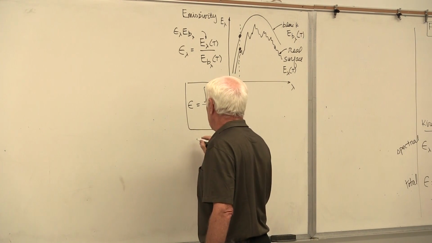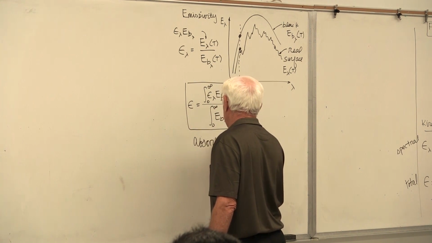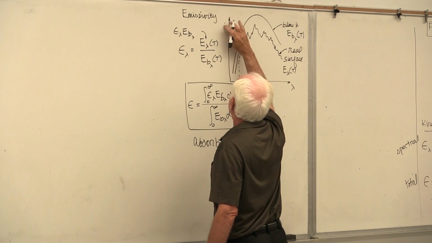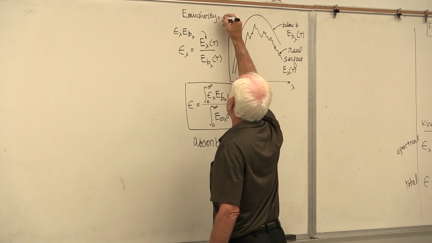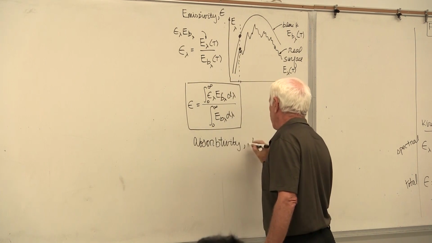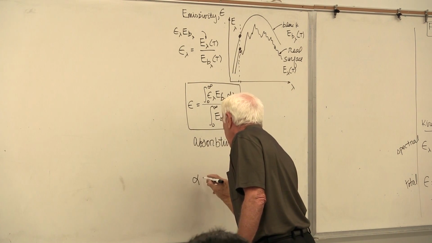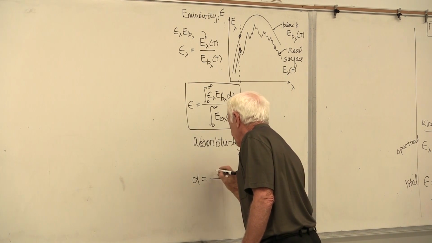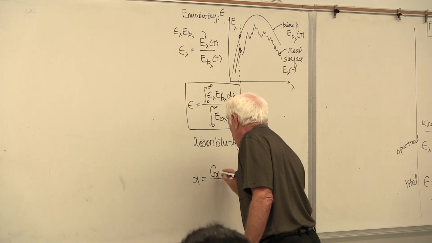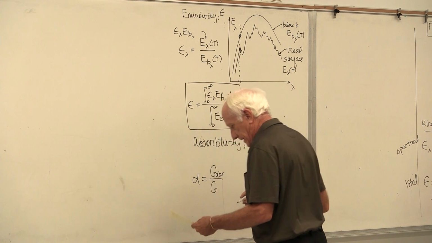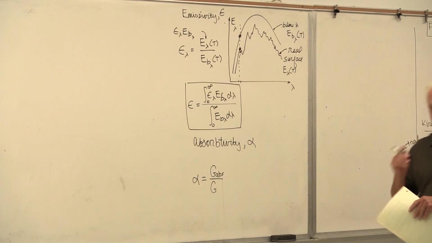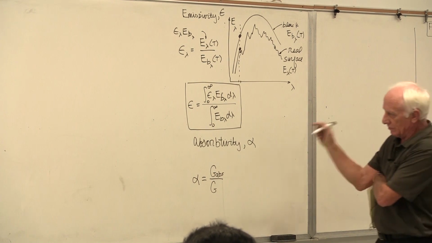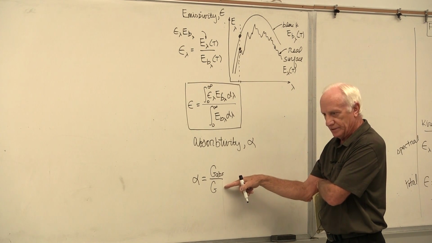Let's do absorptivity. Absorptivity alpha, we define it the same way. This is the energy absorbed, so it's G absorbed over the incoming radiation G. The absorptivity is defined as the absorbed radiation over the total incoming radiation.